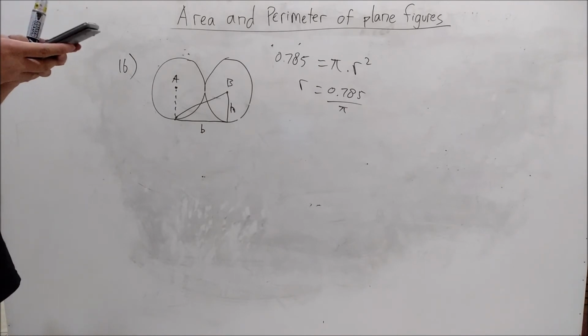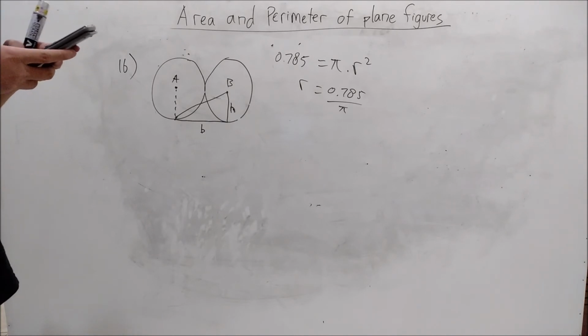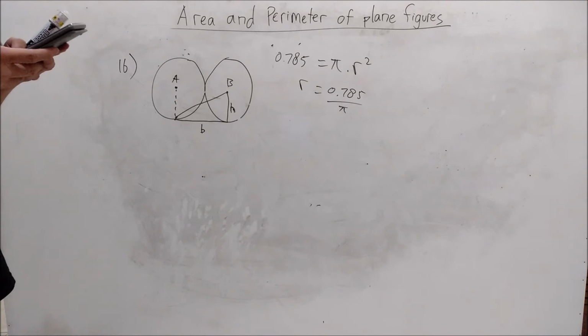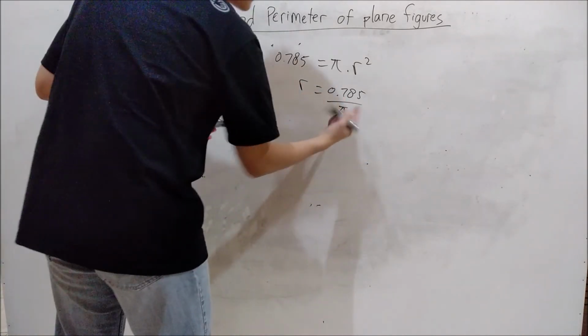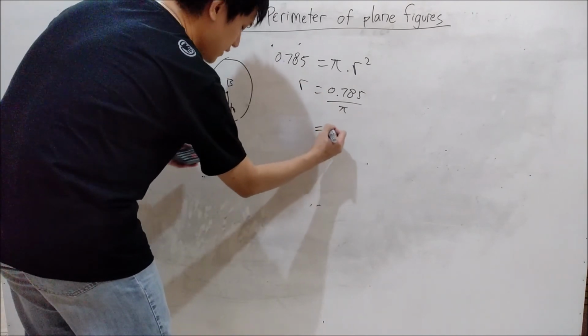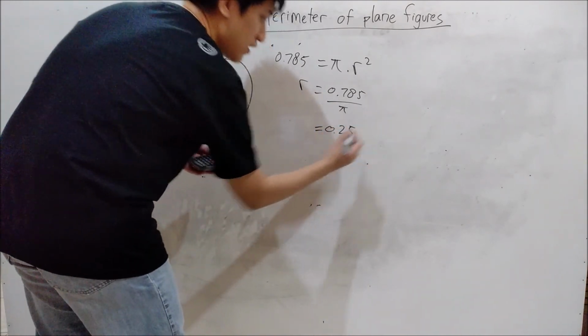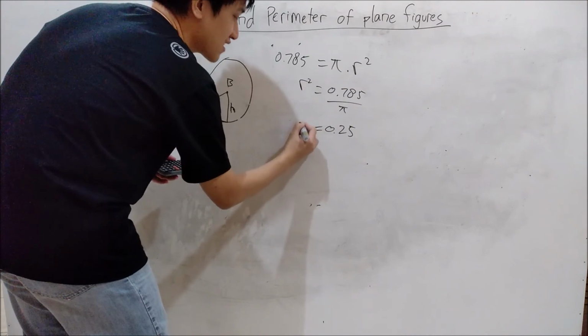You will use 3.14. If you use 3.14 as the pi, you will get 0.25. This is r squared.